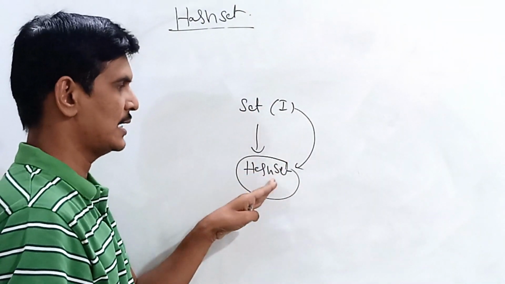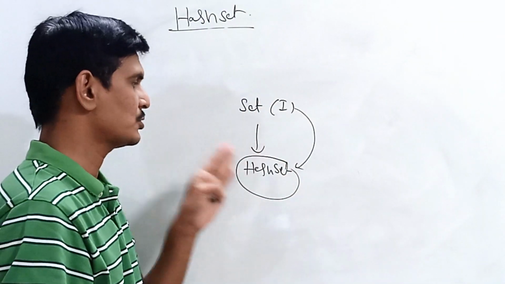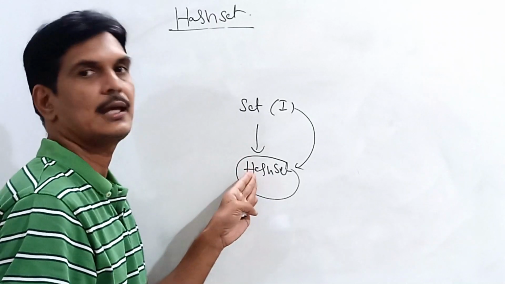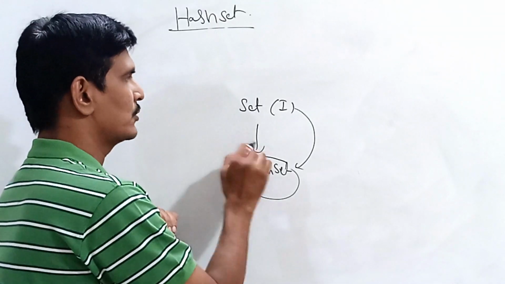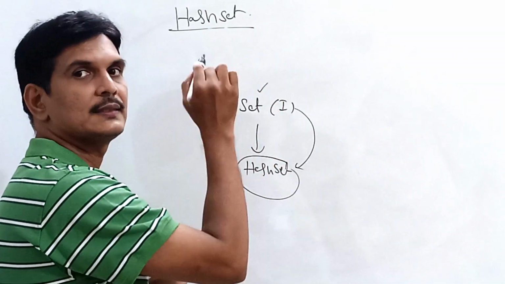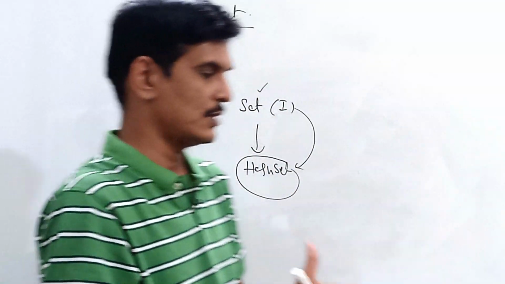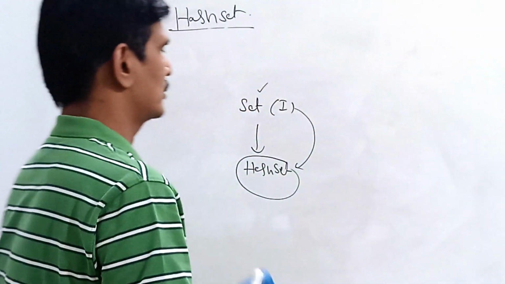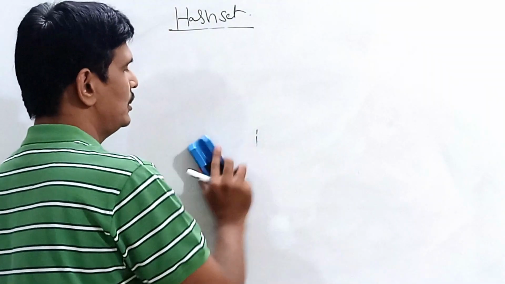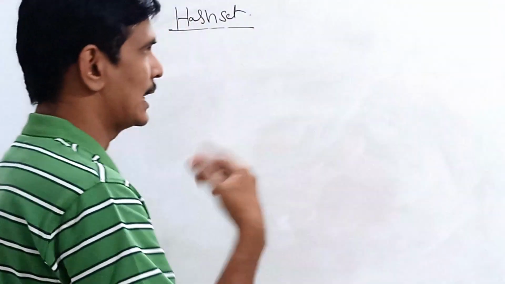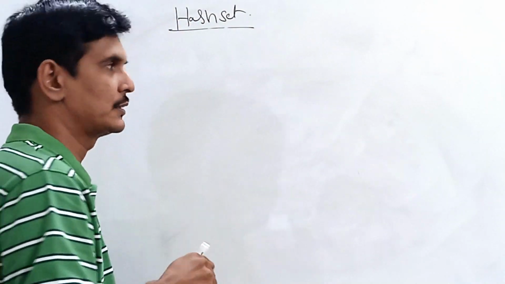Other than those, HashSet doesn't have any specific methods. Now we'll see what those methods are, and how we can use them to perform different operations on the hash set.